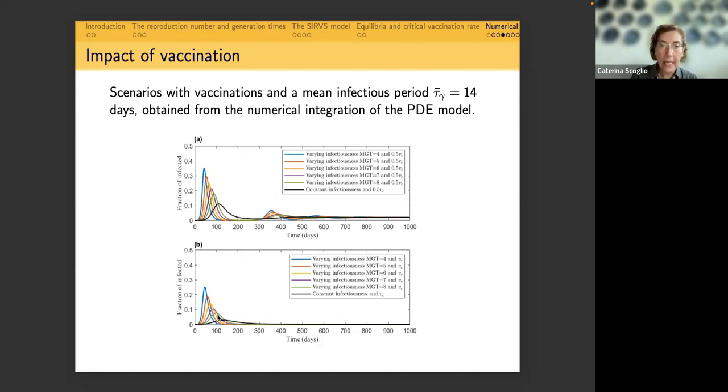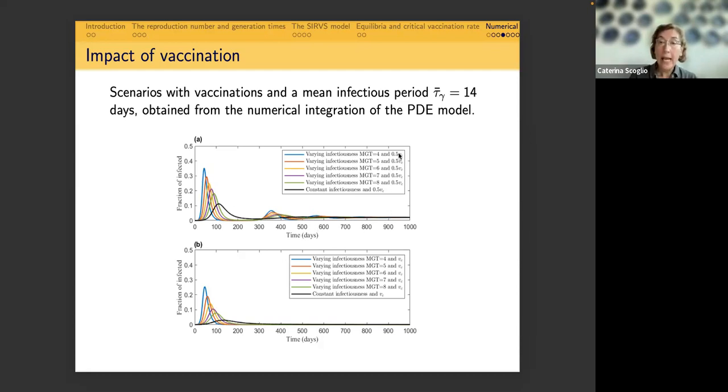And we can see that not only for constant infectiousness, which is the Markovian model, but also for varying infectiousness, which is the non-Markovian set of models, at the end, when time increases, we have a zero fraction of infected. So after the first peak, because of the vaccination, the epidemic will die out.